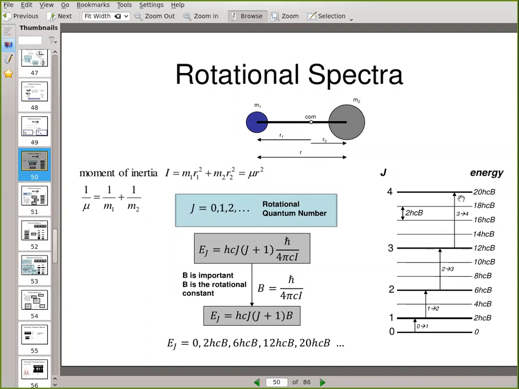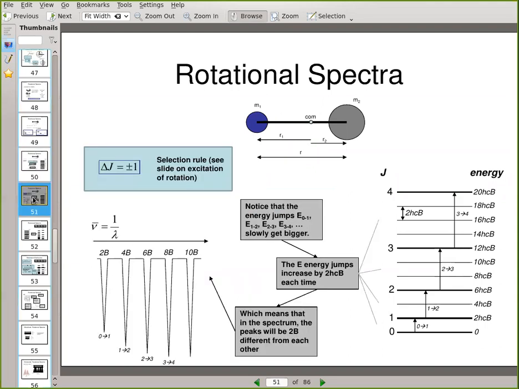The difference between this jump and that jump is also 2hcB, which means that if you convert it from an energy to a wave number, remember wave number is 1 over lambda, that difference is not 2hcB, but it's simply 2B. So the difference between these two is 2B, these is 2B, these is 2B, and that is 2B. In the spectrum, the peaks will be 2B different from each other in a rotational spectrum. Okay. So does that answer the question why the same difference of 2B?